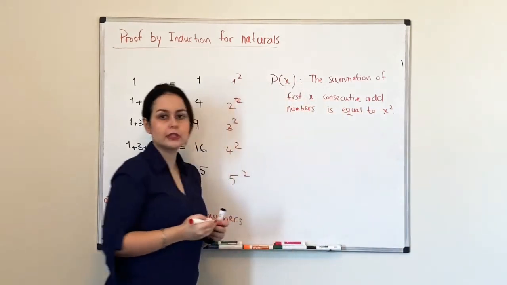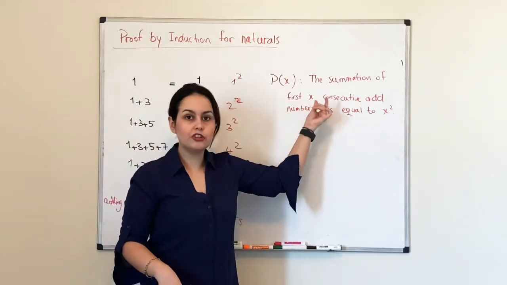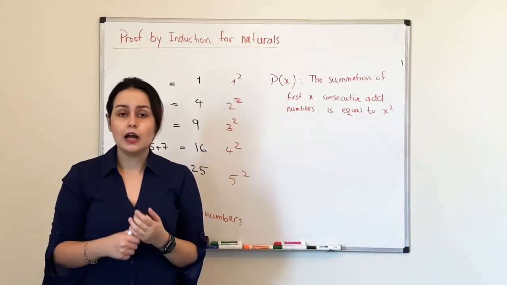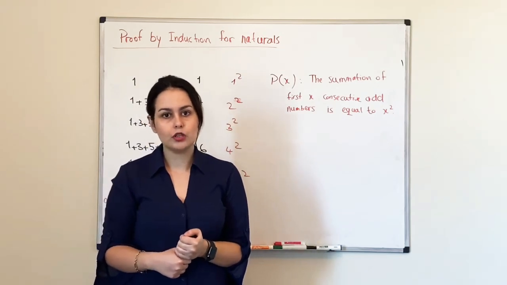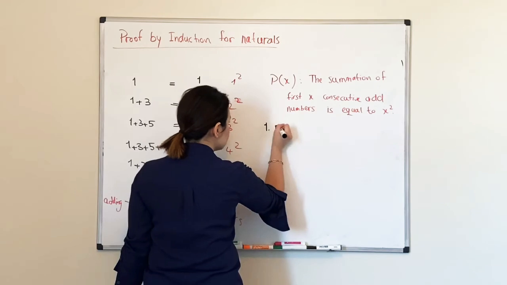Now I have my predicate with x, so it is like a statement which has that variable x, and I want to prove that for natural numbers. First of all, the first step is base case.